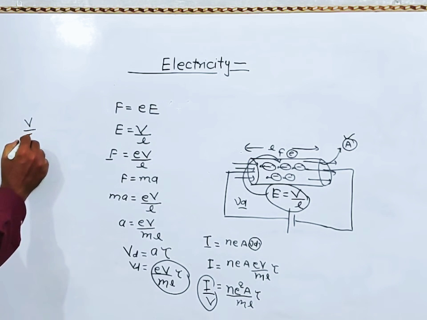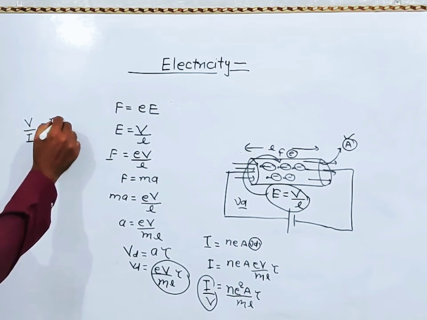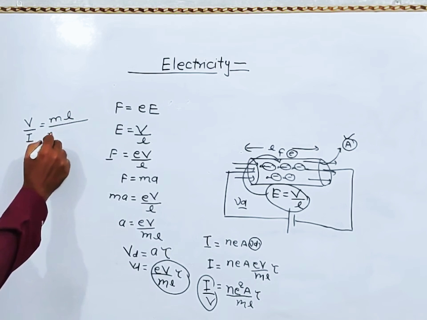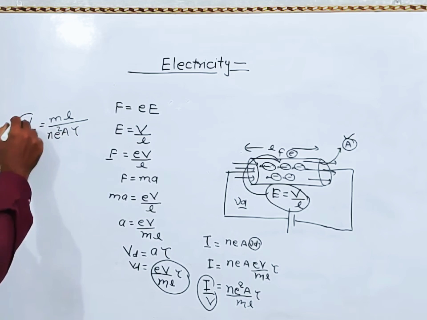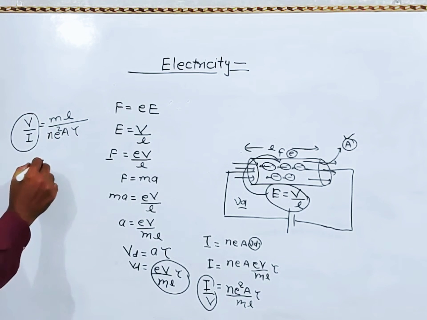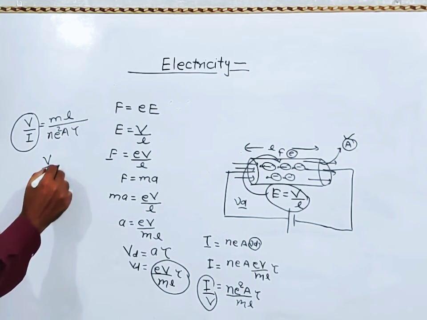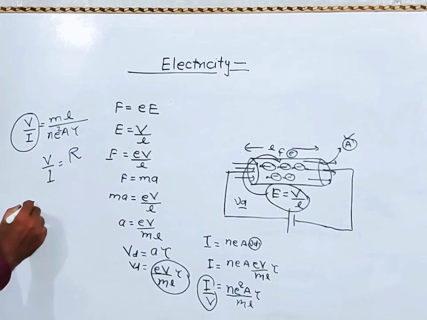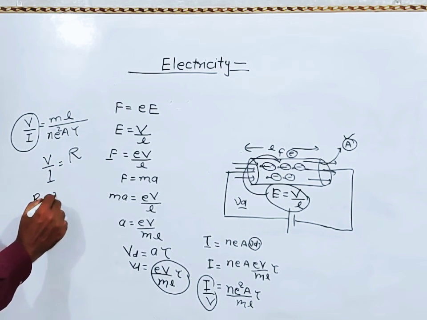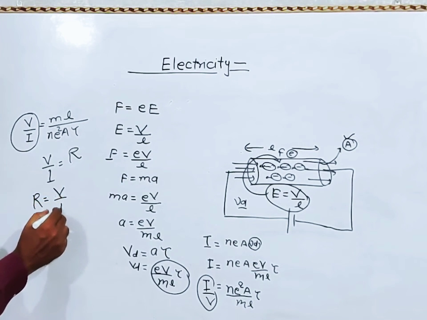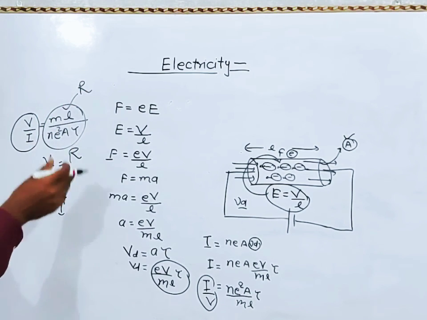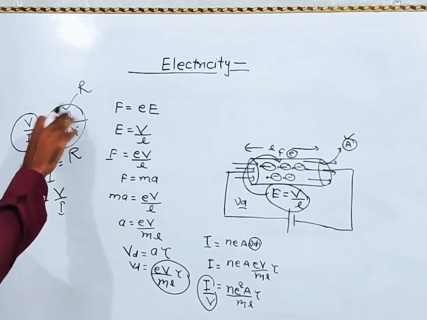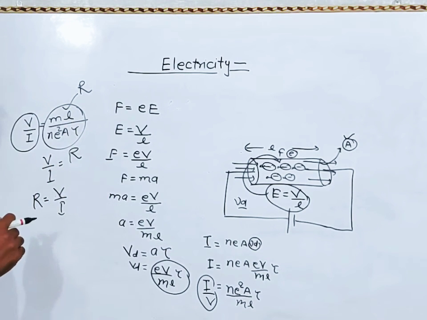So V by I is equal to mL upon ne squared A tau, and V by I is nothing but the constant ratio, resistance R. So R will become equal to V by I. All these constants collectively are called R. And in terms of numericals, we have to place the value of all these to find out the resistance also.